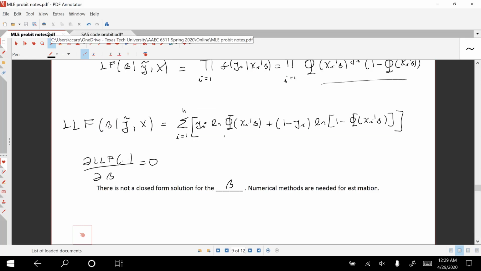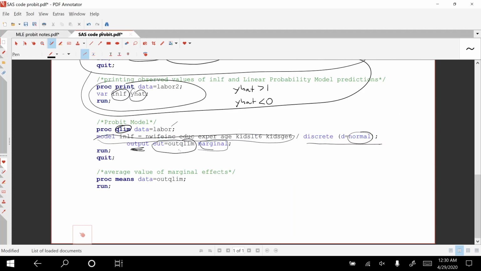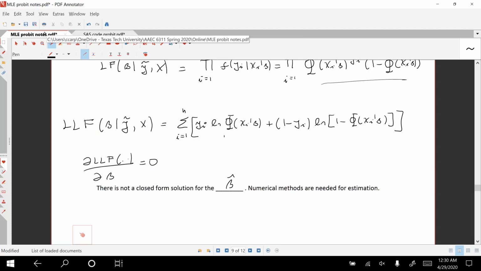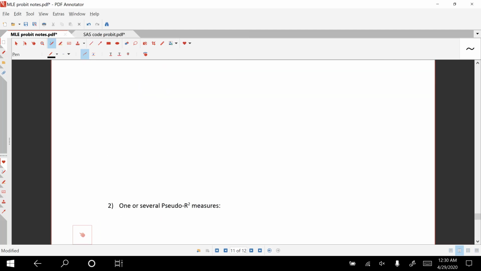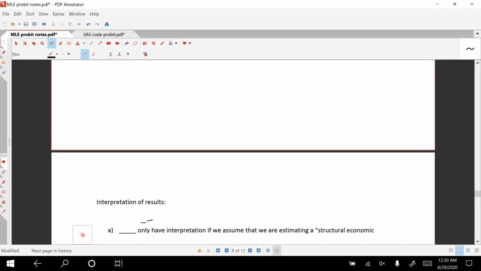If we do that, remember we're trying to estimate these beta hats. Those are the ones that we're estimating. So we get the results.